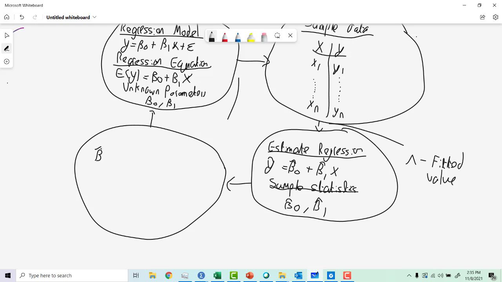Basically, beta hat 0 and beta hat 1 are used to provide inference on beta 0 and beta 1.